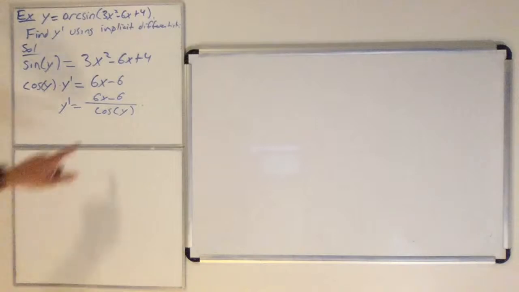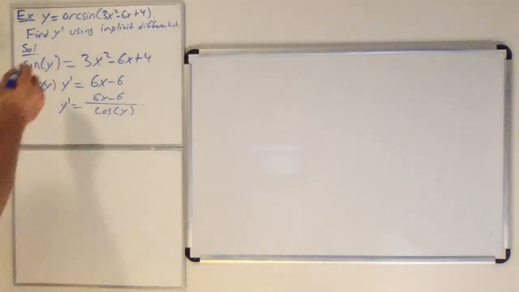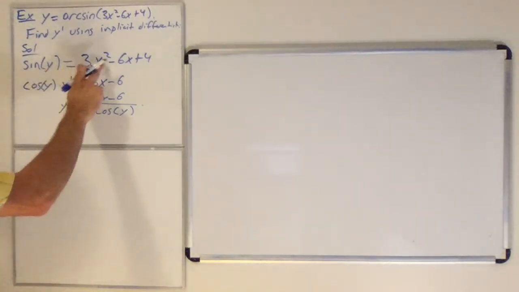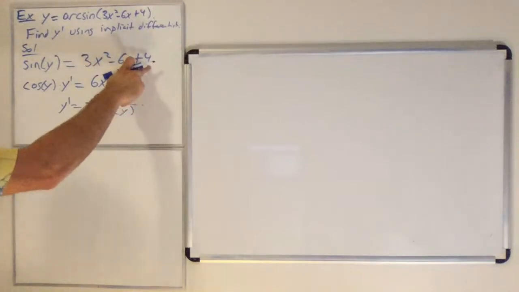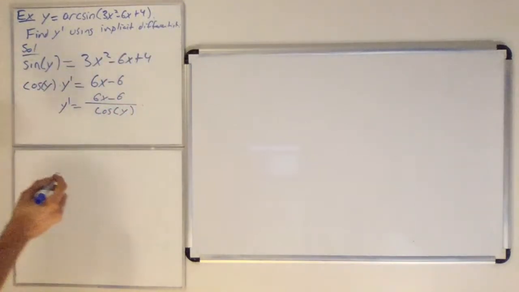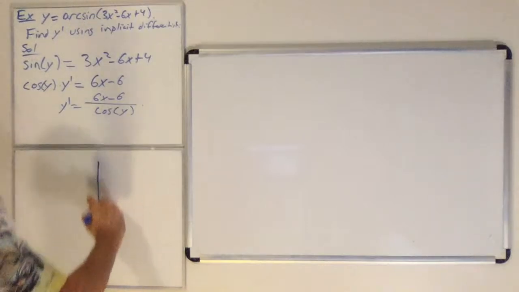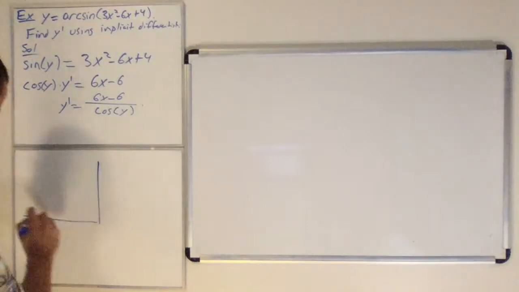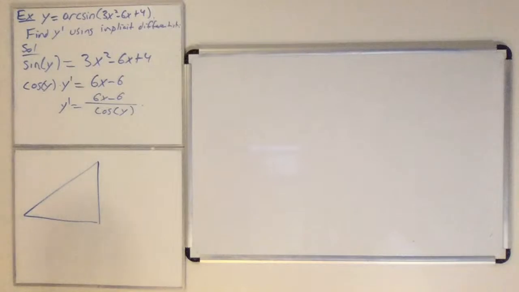Yeah, so we'll set up a right triangle, right? We have this equation that says sine of y is equal to 3x squared minus 6x plus 4. This tells us all the information we really need. Sine inputs an angle, so our angle will be y.